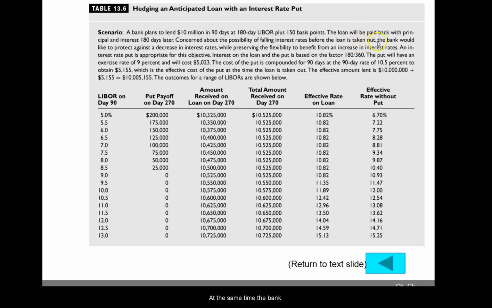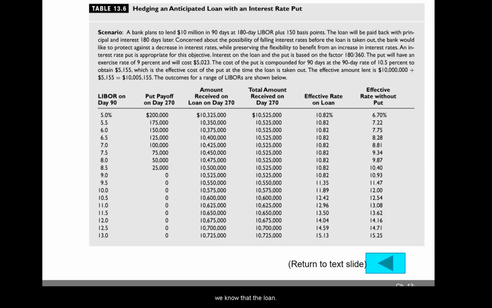However, at the same time, the bank is not willing to let the opportunity go if the interest rates are high 90 days later in the spot market. So in a way, the bank is desiring flexibility. If interest rates are high, it wants to benefit from them. But if interest rates are low, as a lender, it wants protection against it.